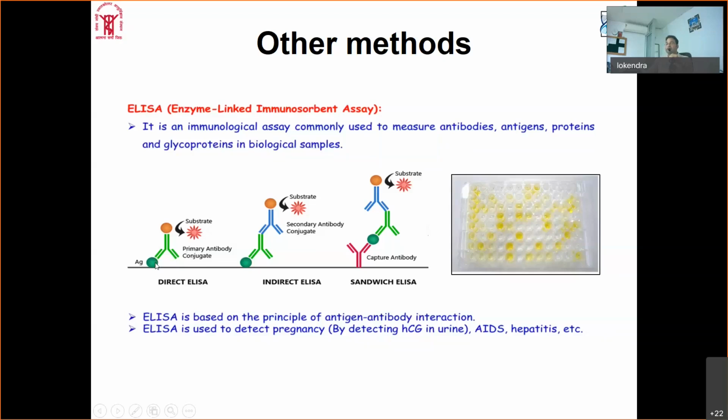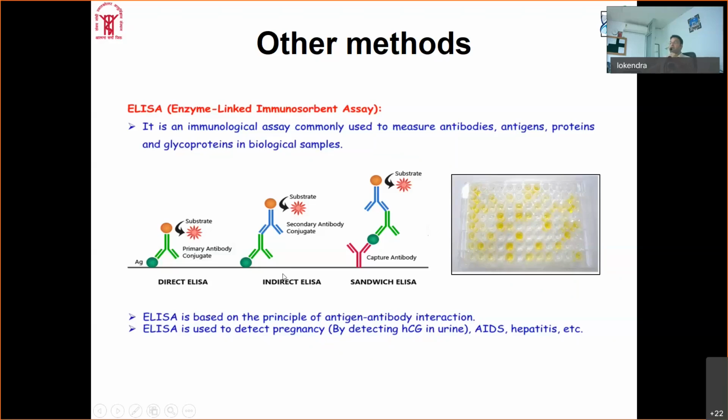This is the antigen-antibody interaction, and if we have a detecting enzyme attached to the primary antibody itself, that is called direct ELISA. When the primary antibody does not have an enzyme linked to it, but we require an additional or secondary antibody for detecting this primary antibody, then it is called indirect ELISA.